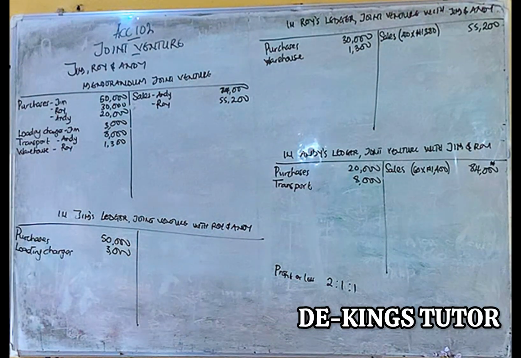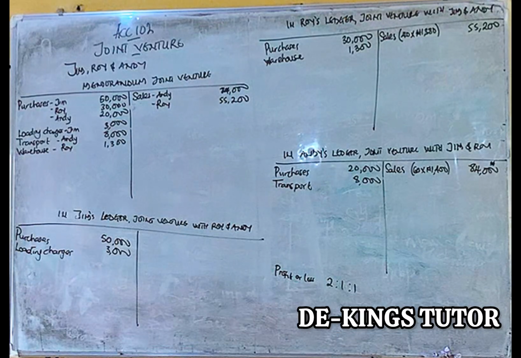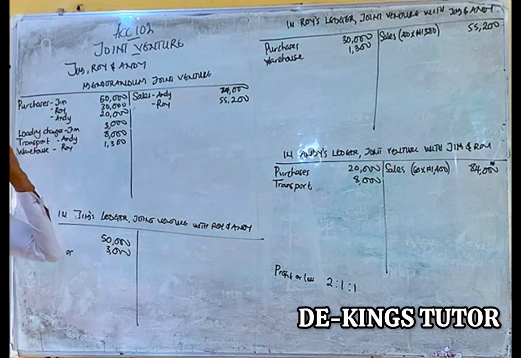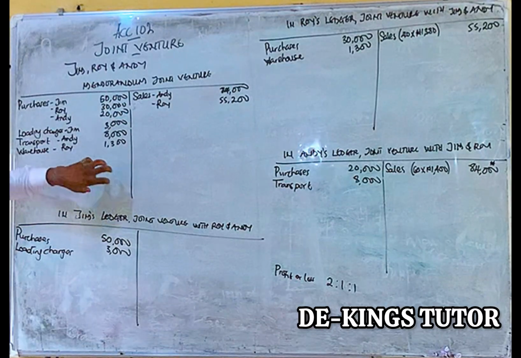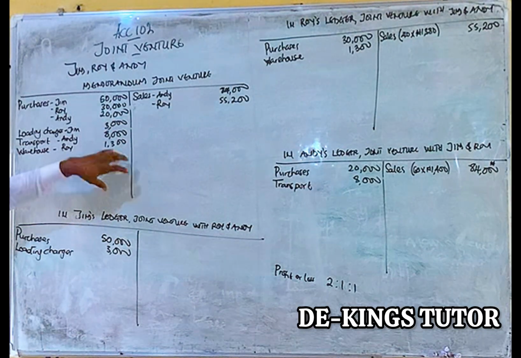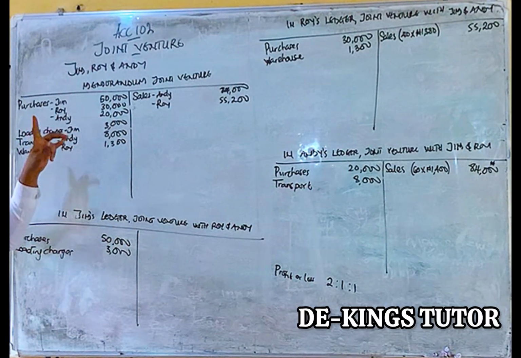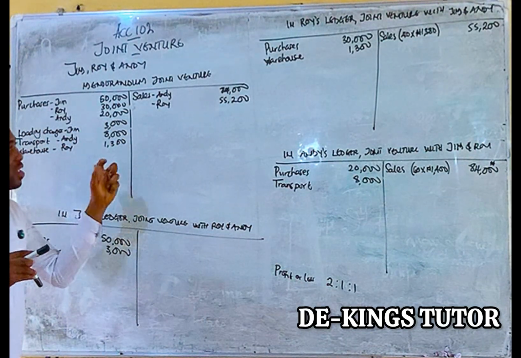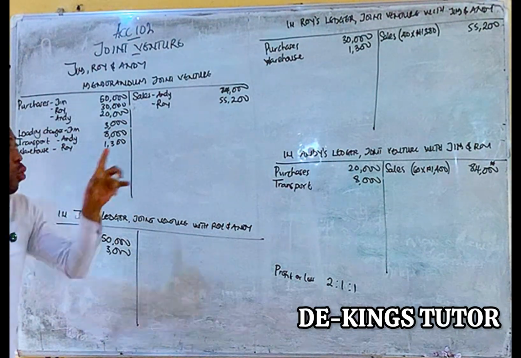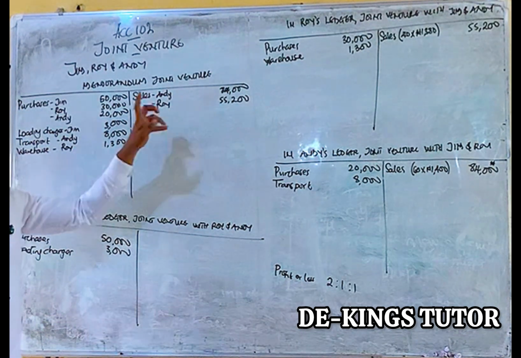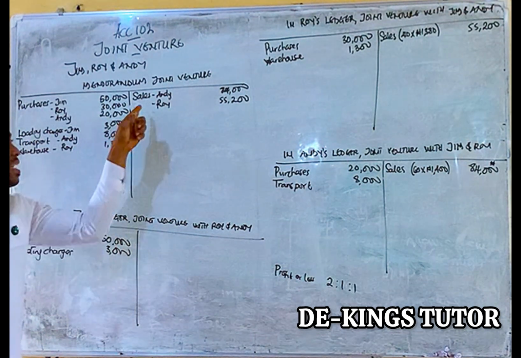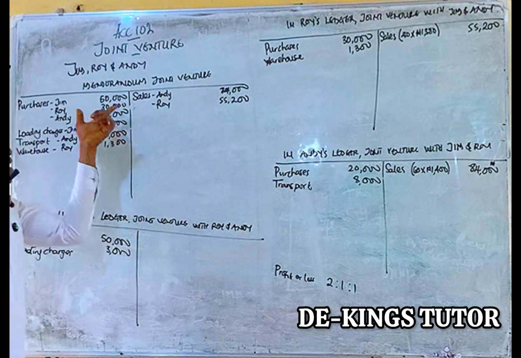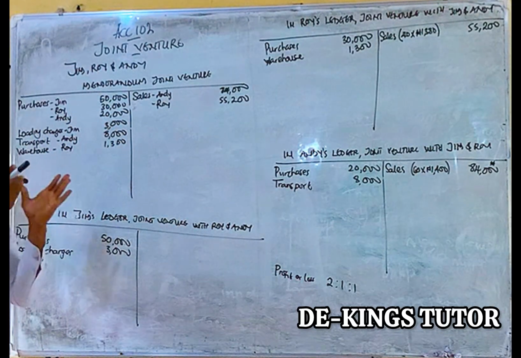That's all. Okay. Now we have to balance this account. They have to get their share of profit. So what do we do? Now we do that in the memorandum joint venture, which is the profit or loss account. Remember, in case they ask you, this is where they share their profit. There is profit only when the credit side is greater than the debit side. Sales, their credit side, comprises what they receive as money, while the debit side is the expenses they incurred.